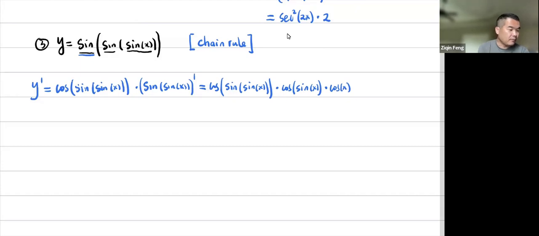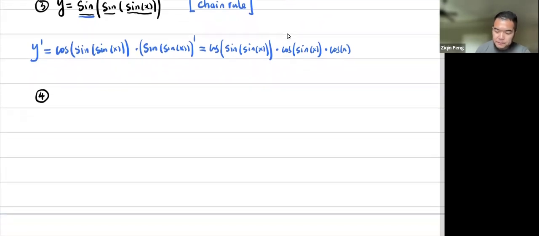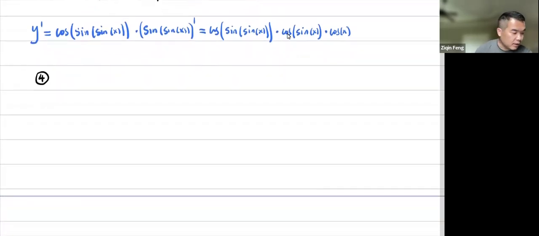Okay. So that's our third example. Now let's go to the fourth. The fourth one is f of t equals 4 to the power t times sine of t cubed.